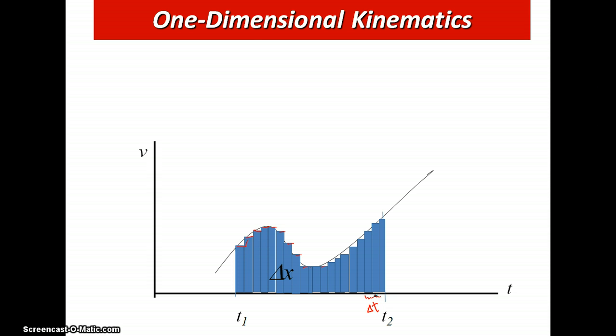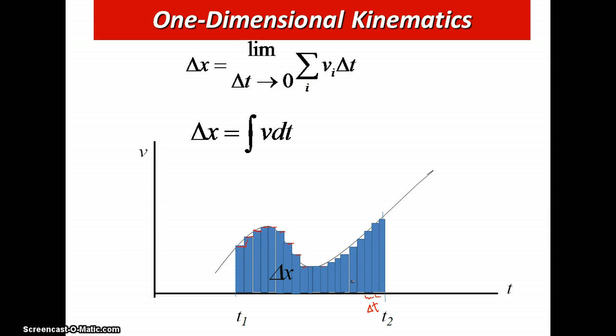To get a more accurate value, we want to find the summation of these areas, but take the limit as delta t approaches 0, as these small intervals become smaller and smaller. The limit as delta t approaches 0 of the sum of these rectangular areas gives us an accurate representation of the displacement. In the language of calculus that you'll be learning shortly, we can express this lengthy symbol with an integral sign.